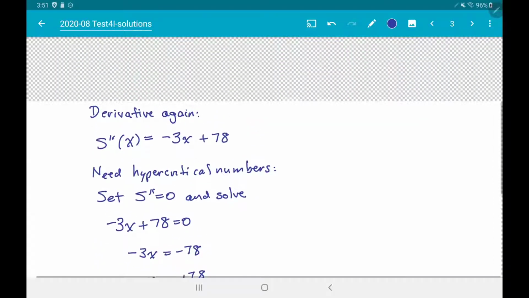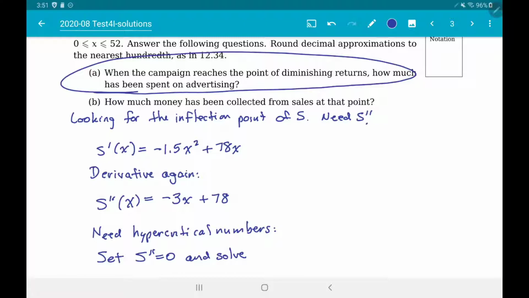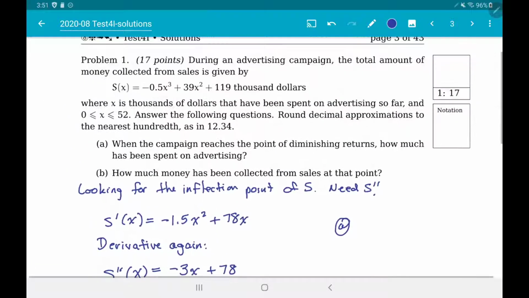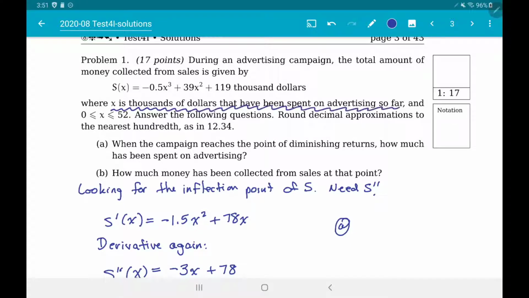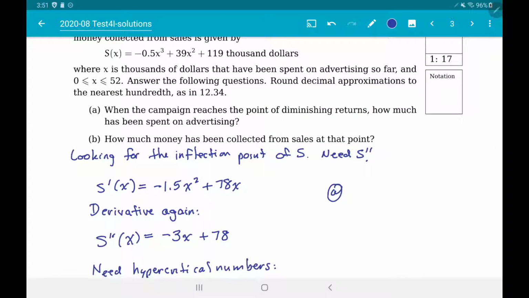Now let's be sure that we can answer the two questions. When the campaign reaches the point of diminishing returns, how much has been spent on advertising? Okay, well, the amount spent on advertising, that's what X means, right? X is thousands of dollars that have been spent on advertising so far. So A is asking us about the 26.